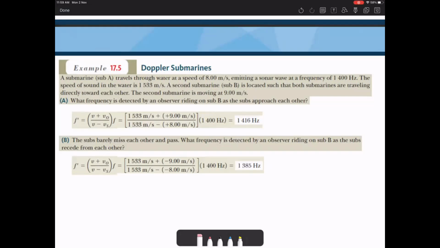The source is moving away from the observer, and the observer is moving away from the source. So that is why we have the negative speeds in the two items, V naught and Vs, where we would keep the positive sign at the top and the negative sign at the bottom. So that is how the textbook deals with the situation.